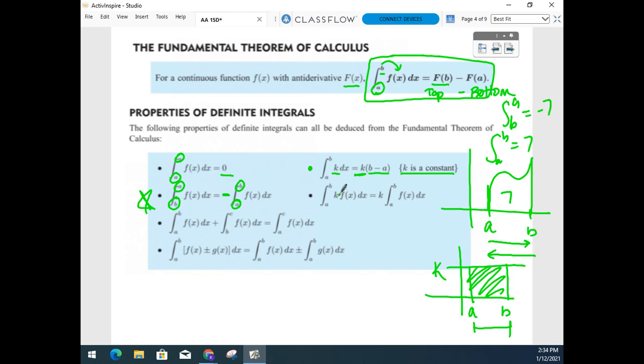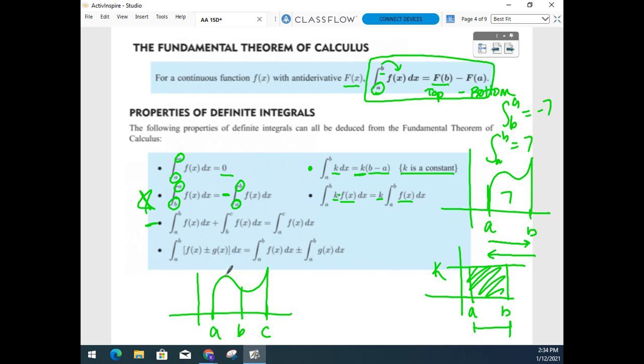If you have a constant inside times a function, you can just pull that constant outside of the integral and integrate the function itself. This is called the additivity rule. This has A, B, and C. Does it make sense?